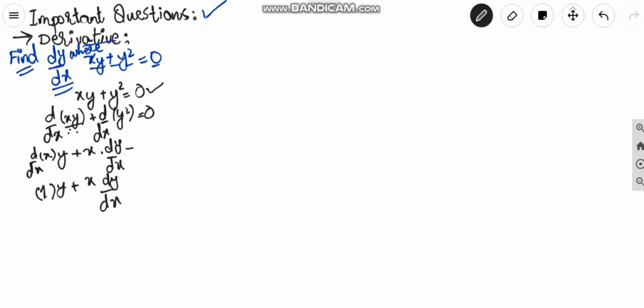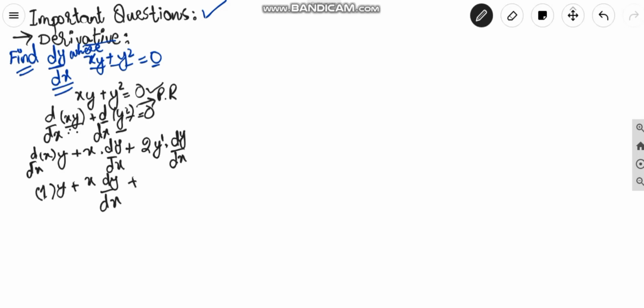dx plus, as you can see here is y square, so we can apply power rule. Place the power on start and reduce the power of given function by 1 and take the further derivative. Further derivative of y with respect to x is dy by dx.